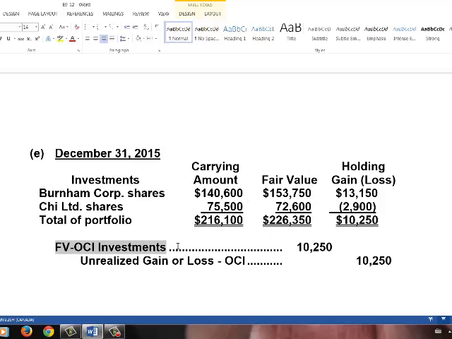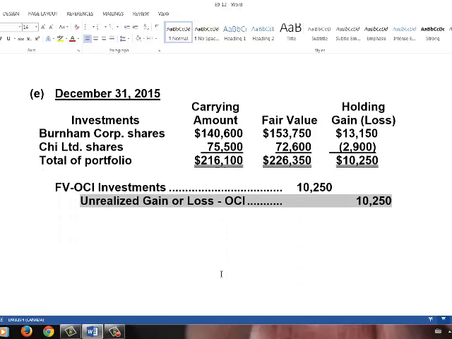So I debit the fair value through OCI investments and credit the unrealized gain or loss that runs through OCI of $10,250. So this concludes what the question has asked you to do: prepare the journal entry to adjust the investment portfolio to its fair value at the end of 2015.